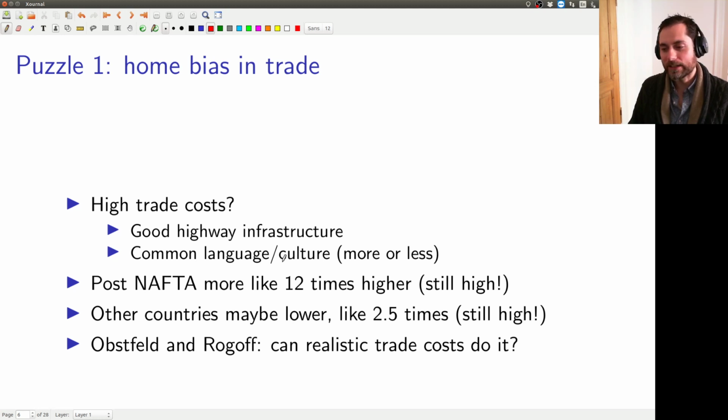So say if we're looking at Denmark, so we're looking at trade between Aarhus and Copenhagen and comparing it to trade between Gothenburg and Copenhagen. Well, then the difference, it's still going to be like 2.5 times more trade between Aarhus and Copenhagen, even though it's very easy for goods to travel to Gothenburg, to Copenhagen, et cetera, et cetera. So it's not quite 12, but it's still 2.5, which is still really high.